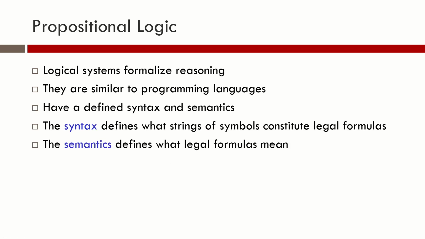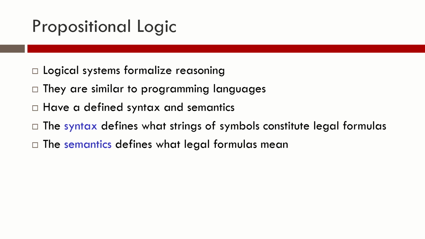So, when we consider a logical system, logical systems usually formalize reasoning. And a logical system is similar to a programming language. You might have learned several programming languages. When you consider the programming language C or Python, you know that the language will have a defined syntax and semantics.